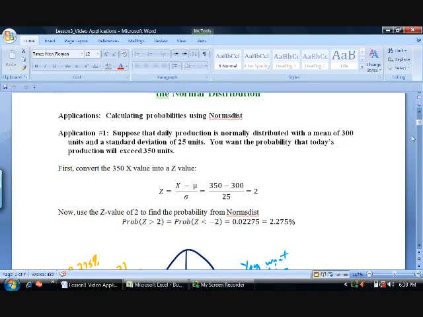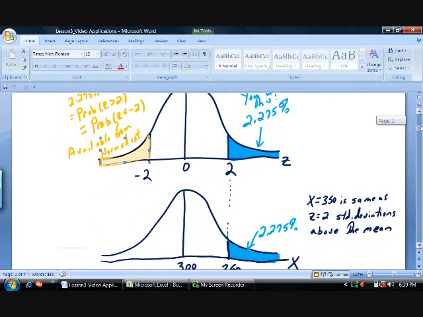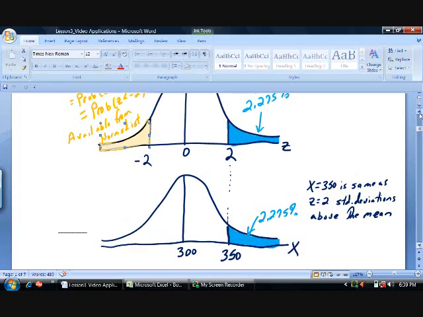Now, in terms of looking at probabilities, if I have an x value of 350 units and I want the probability of getting something greater than that, that's the same as finding the probability of a z value that's greater than 2.